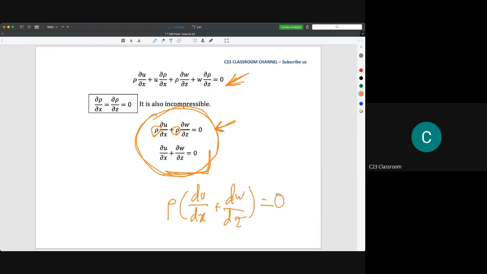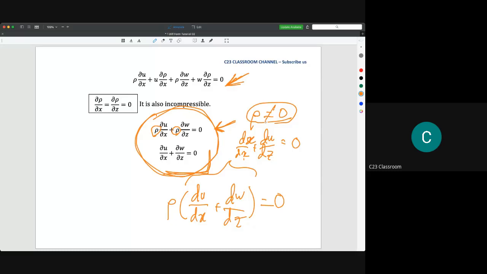For this situation, in mathematical expression, we could say we have two conditions. One is rho is equal to 0, or we have the total of du dx plus dw dz equal to 0. But in reality, rho totally cannot be equal to 0.